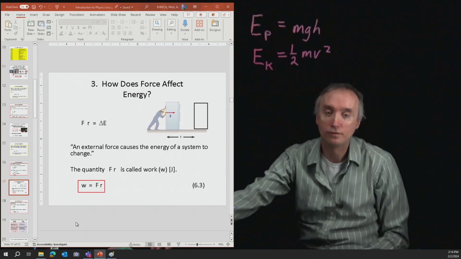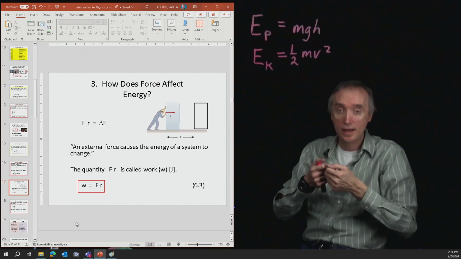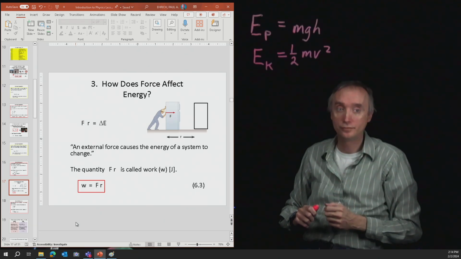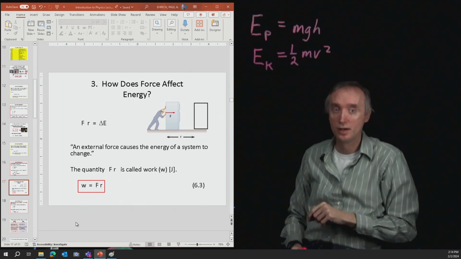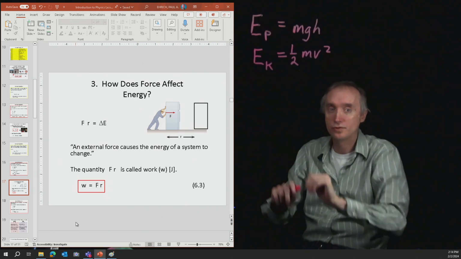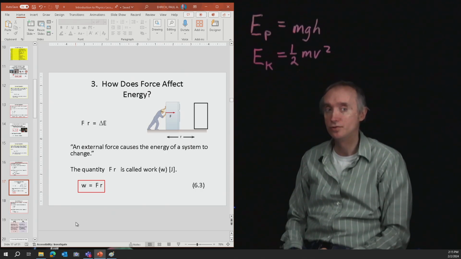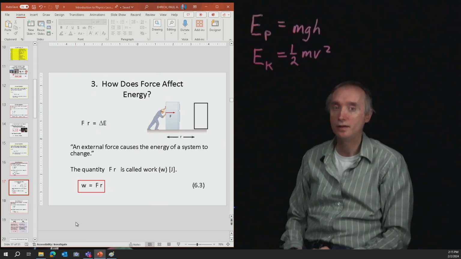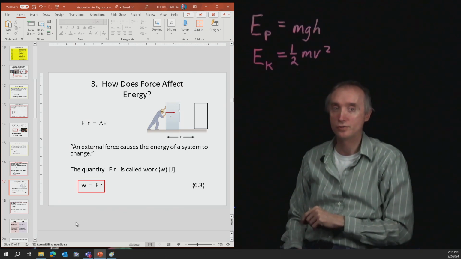So if you recall, force is a push or a pull, and that is given by the letter F. So imagine that you've got this refrigerator here. You're going to apply a force to the refrigerator, and you're going to move it a certain distance r. Well, it's going to take energy to be able to do that. And so the amount of energy it's going to take to move that refrigerator is going to be given by that equation.